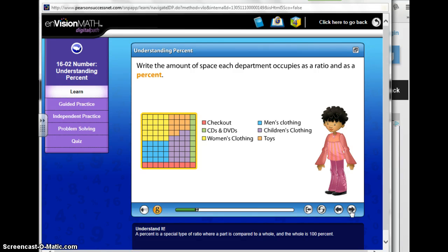So using the key, let's write a ratio of checkout to the total store. Checkout to the total store would be, let's write it as a ratio first. 10 to 100. Or we could write it like this, or even better, we can write it as a fraction.